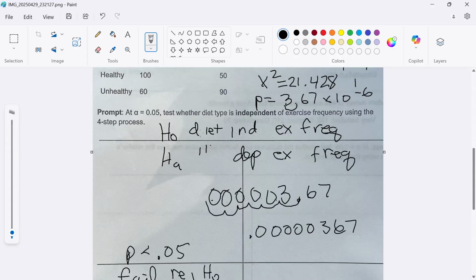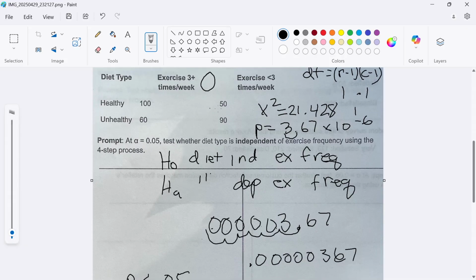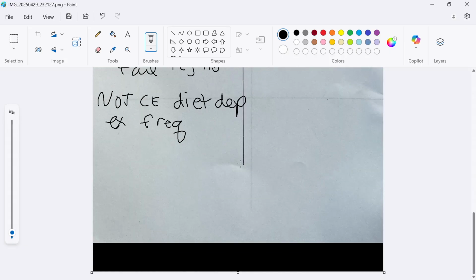Now you can calculate this whole thing by hand and you'll get the same numbers, but it's a long calculation. I guess I'll do it. You need the row totals, 150 for this one, 60 and 90 is 150, and you need the column totals. This is 160 and this is 140. And for each category, and what are the categories?